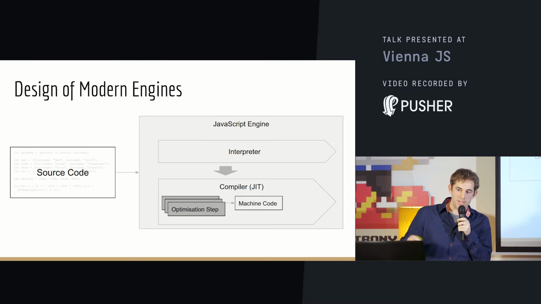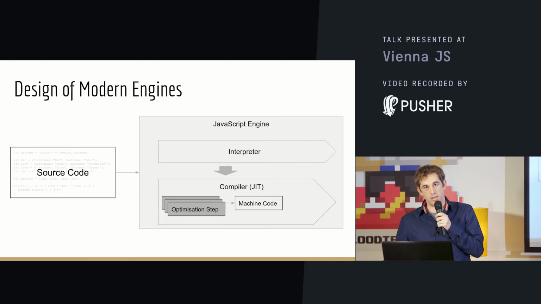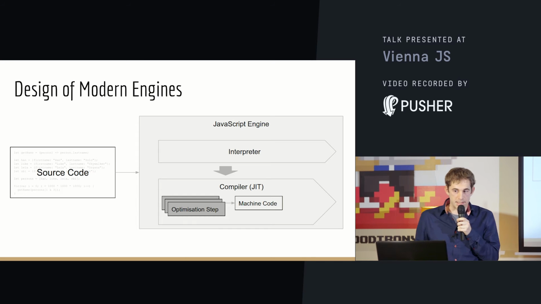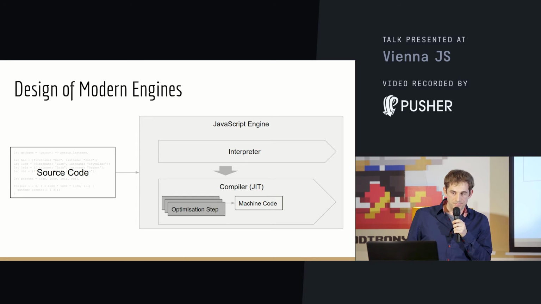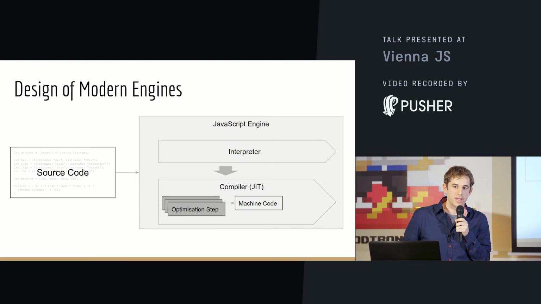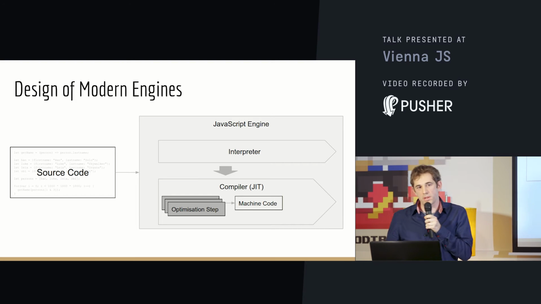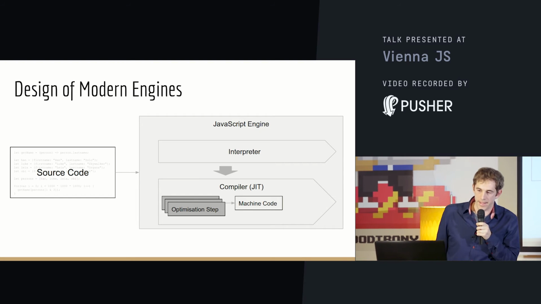So after some time, when the engine says, okay, I have enough information, we can now start with the compilation, it triggers the compiler. And since the compiler is only started after some time and compiles the code parts that are used very often, we also call this just-in-time compilation.